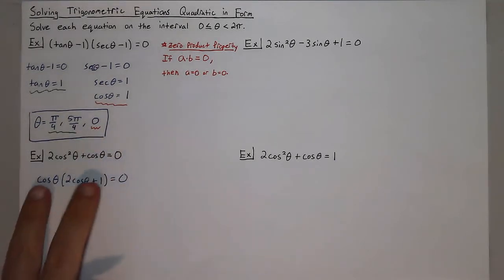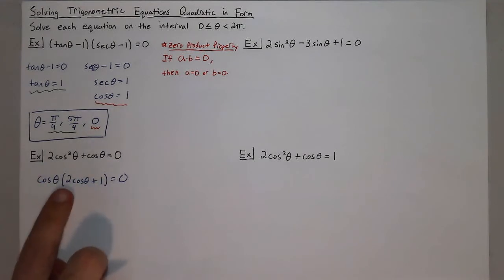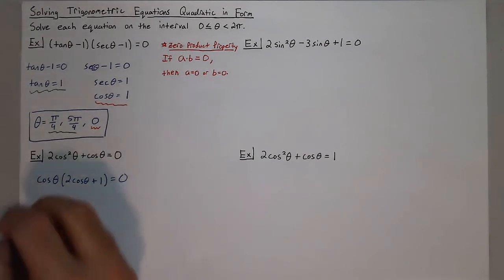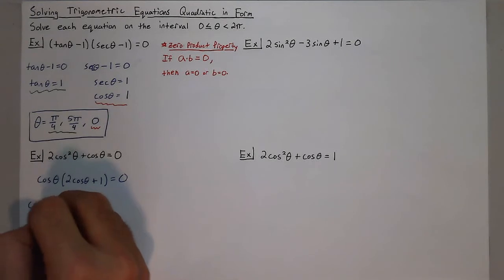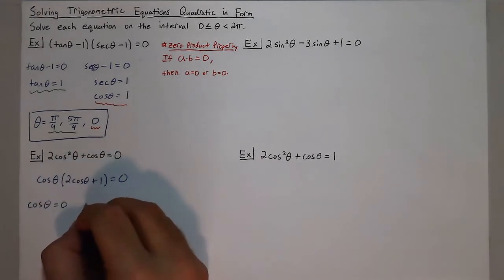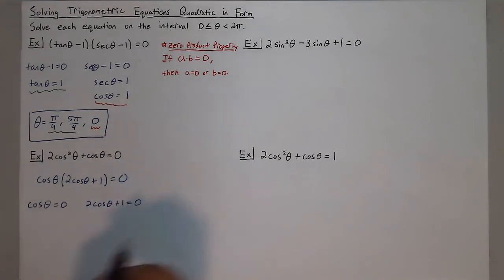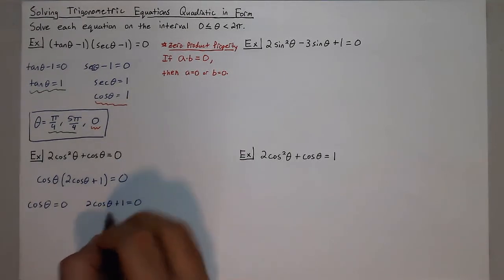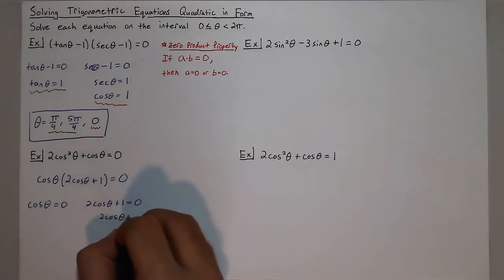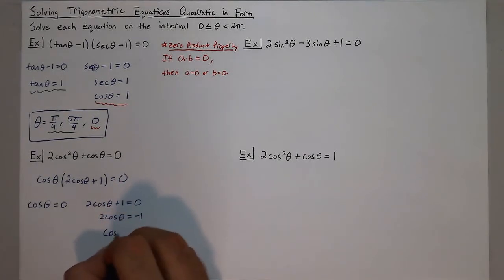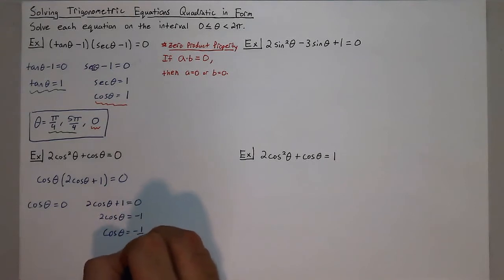And now I have my two factors being multiplied equal to 0. So now I set cosine of theta equal to 0 and 2 cosine of theta plus 1 equal to 0. I solve the equation on the right to get cosine of theta by itself. And I get cosine of theta is equal to negative 1/2.